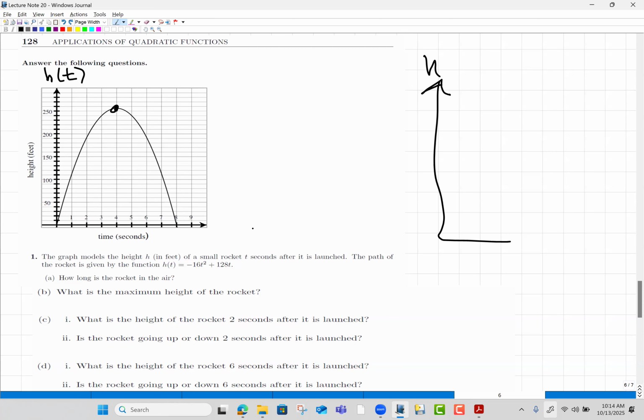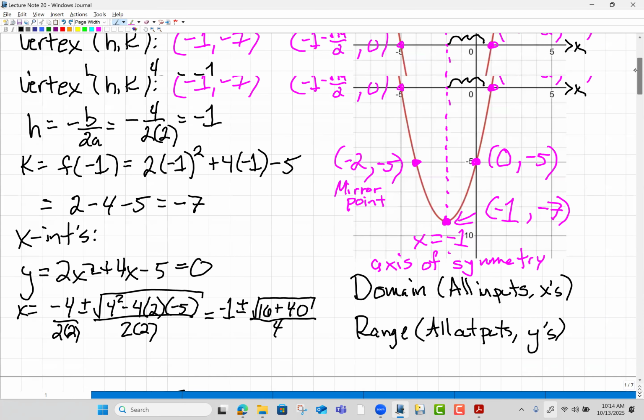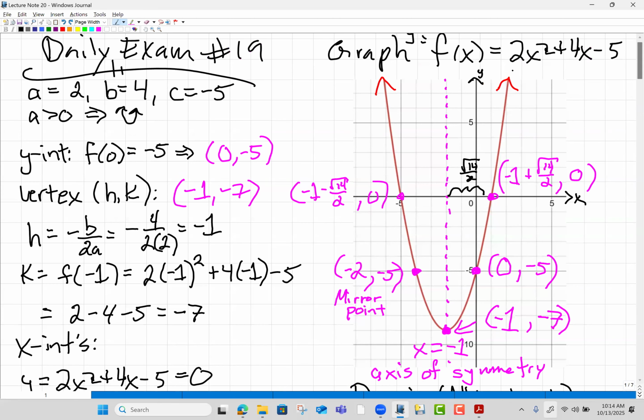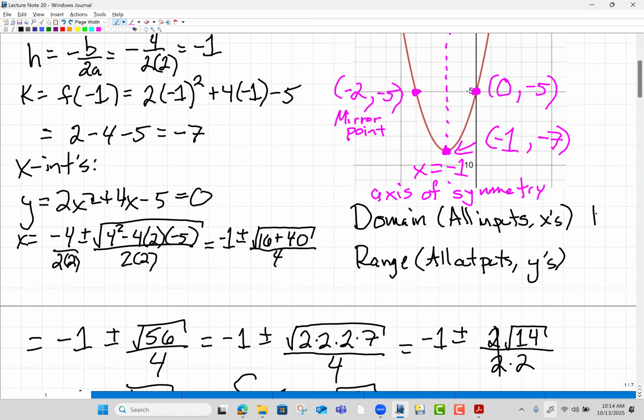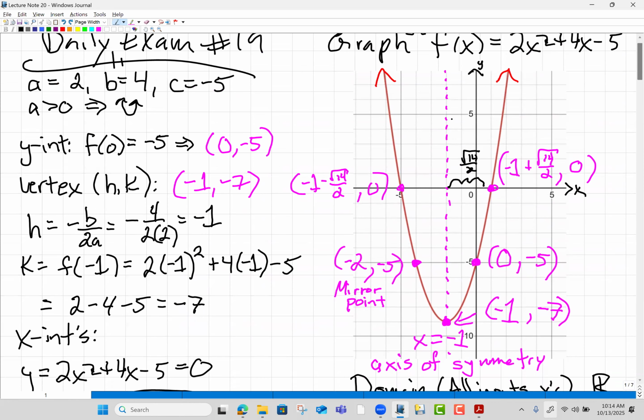And oh, that's what I forgot to talk to you about. These two examples, real quick: the domains and ranges. The domain is how far left and right this thing goes. It goes forever to the right and the left, so you can always just say all real numbers. The range is all the outputs, or all the y values. The lowest this goes is -7, and then it goes up forever.